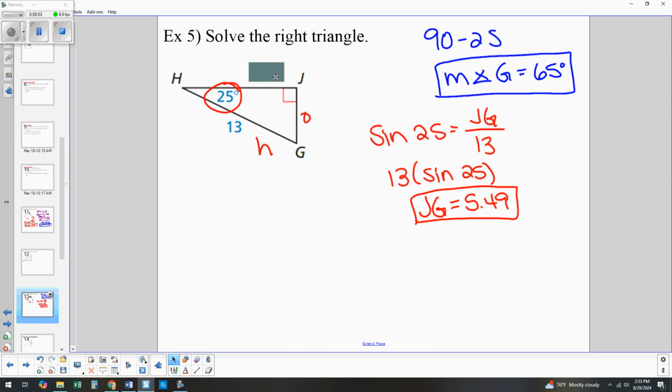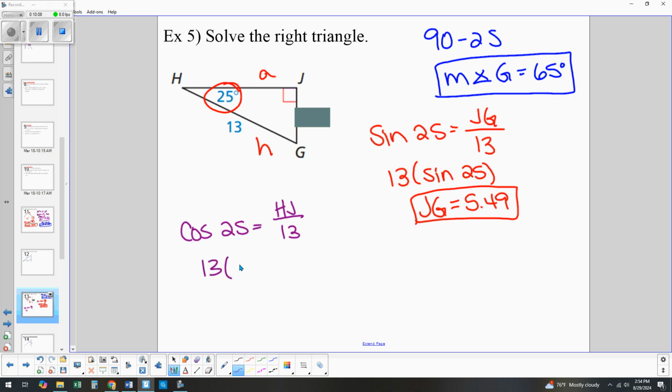So now I want to find the other missing side. So again, I'm not going to use the one I just found. I now have A and H, so we're going to use cosine of 25 equals A, which is HJ over 13. Again, we have the number on the bottom, so we're going to do cosine 25 times 13.